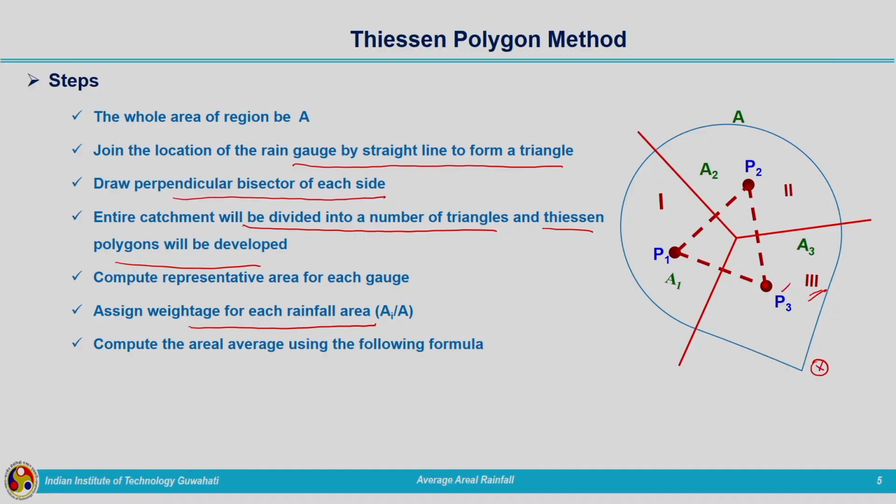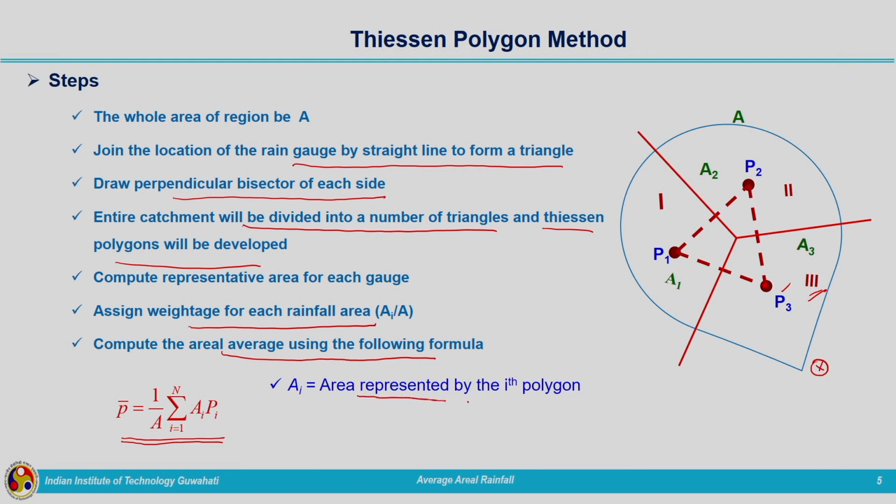The ith Thiessen polygon area is Ai, and that is divided by the total area A to find the weight corresponding to the ith Thiessen polygon. Now we can compute the areal average rainfall using the formula P bar equals 1 by A summation, i equals 1 to n, of Ai Pi.